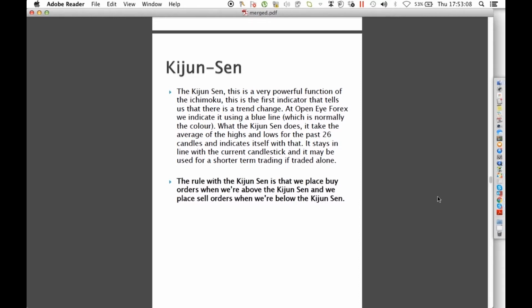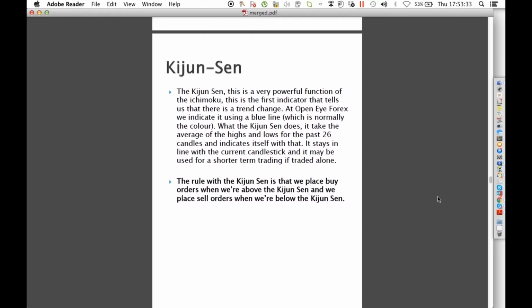What the Kijun Sen does is it takes the average of the highs and lows for the past 26 candles and indicates itself with that. It stays in line with the current candlestick, and it may be used for shorter term trading when you use it alone.